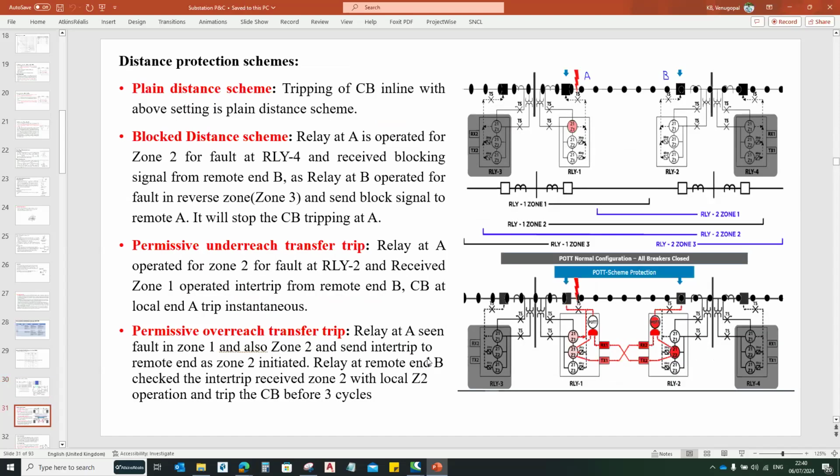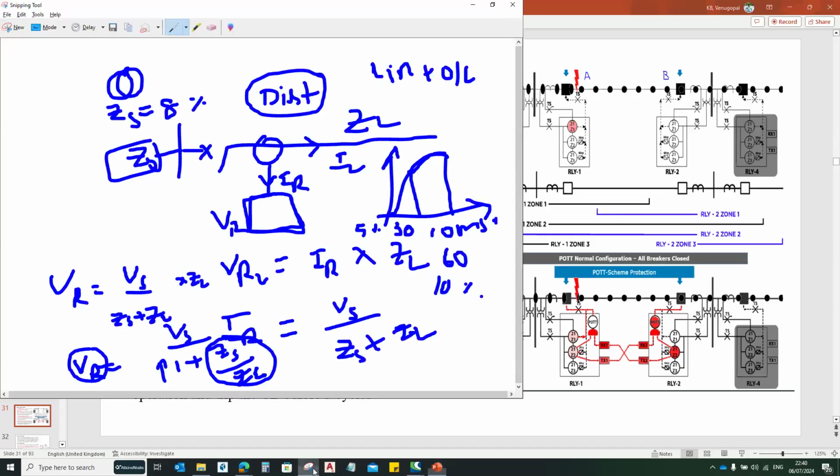So as I told, the distance protection scheme can be operated in different ways. So that will be the plain distance scheme, blocked distance scheme. Then there will be a permissive underreach transfer trip and permissive overreach transfer trip. So that I will explain through.